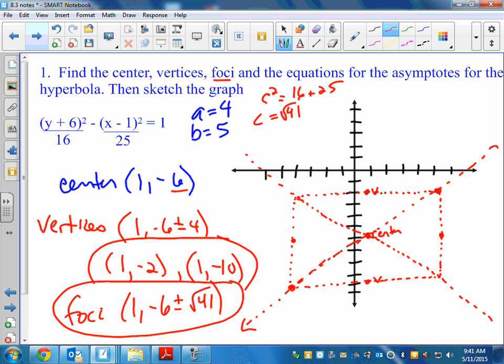And that's a whole lot of dotted lines on our paper, but you'll see in your book they make that rectangle every time, because now you can use that to graph your branches. Here's my vertices, you got to remember which one it is, and it's just going to follow those asymptotes, and I'm not going to be that picky about that.